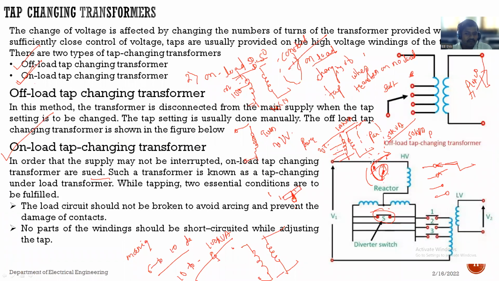Then the current flowing through this open switch will be broken or stopped. The total current will flow through the previous way, right? So this is one type of tap changing, that is on load tap changing. It can be done, and it is done automatically. Did you understand?